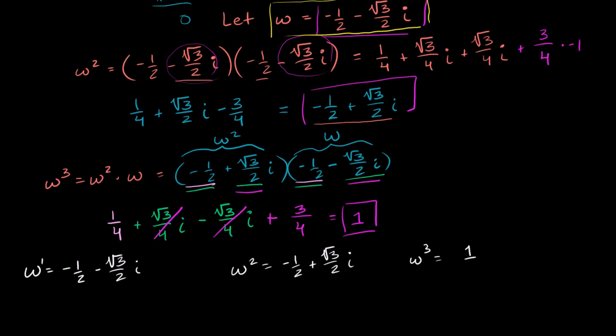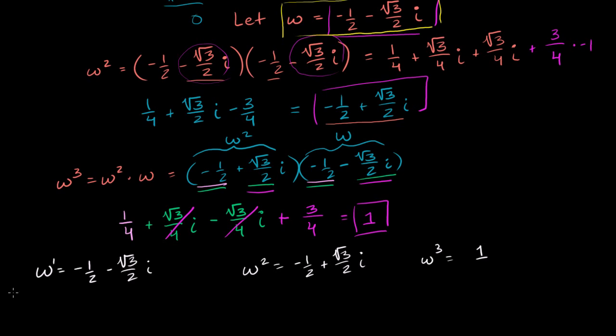And I touched on this in the last video. What is omega to the fourth power? Omega to the fourth power is going to be omega to the third times omega. So it's going to be omega again. Let me scroll to the left a little bit. Omega to the fourth power is the same thing as omega to the first power, which is this. Now what's omega to the fifth power? Well, it's going to be omega times the fourth power, so it's omega times this.